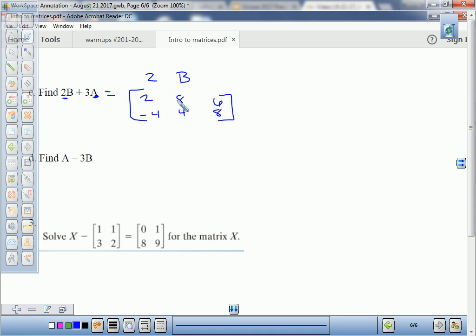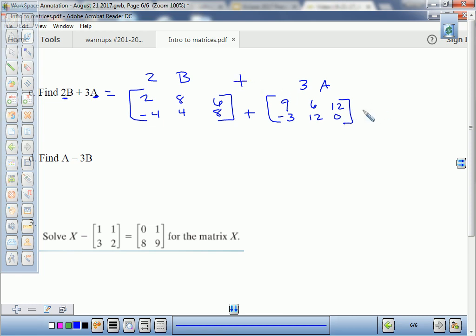So this matrix represents 2 times matrix B. That's scalar multiplication. Alright, now 3A. So we would take each element in matrix A and triple it. So we would get 9, 6, 12, negative 3, 12, 0.